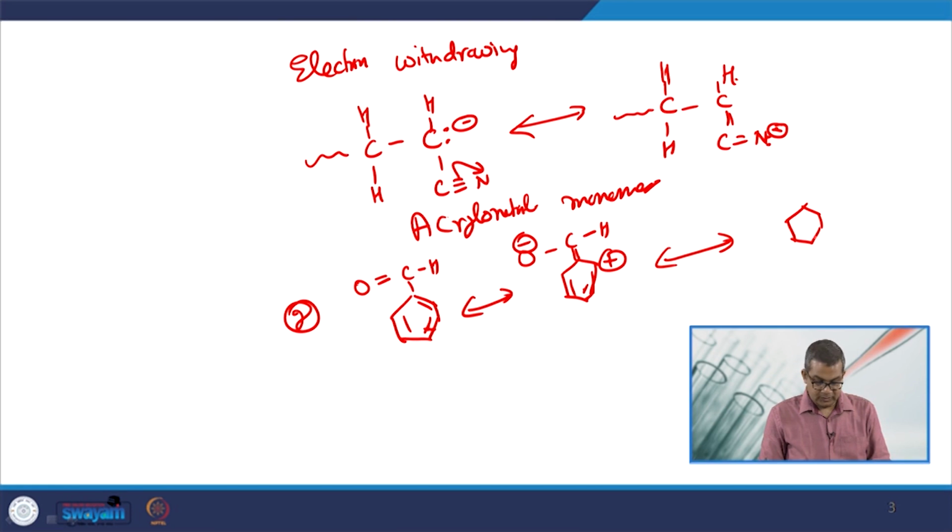Now you see here the localization of the charge with respect to the electron withdrawing.